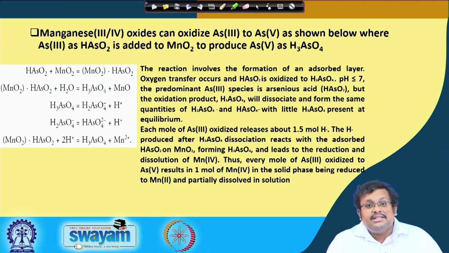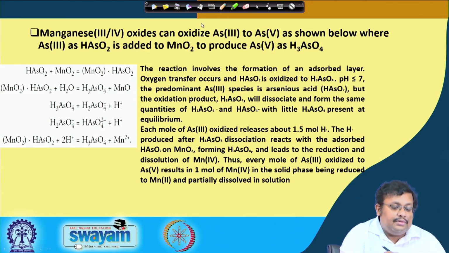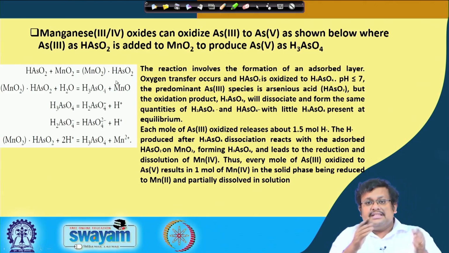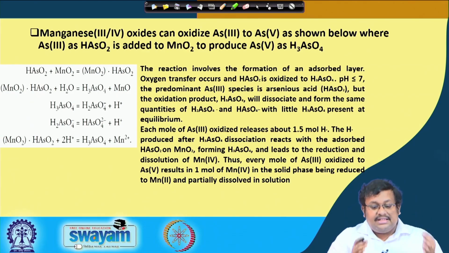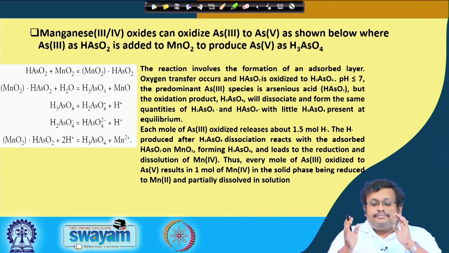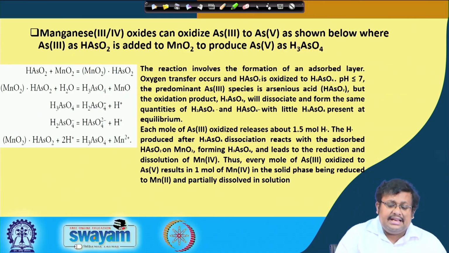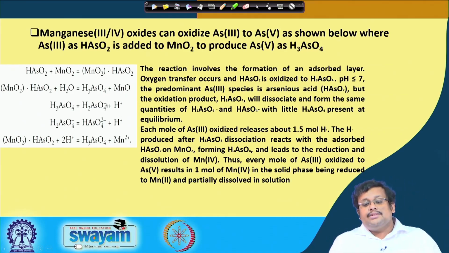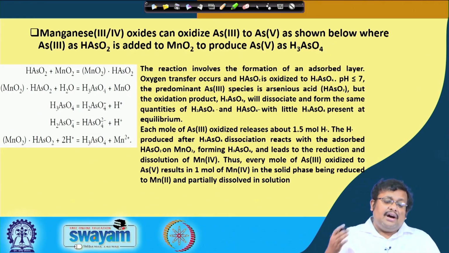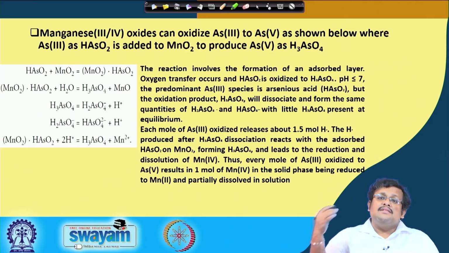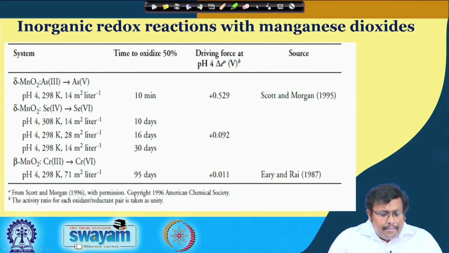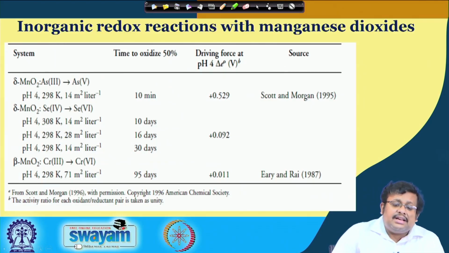Oxygen transfer occurs in this adsorbed layer, and you can see HAsO2 is oxidized to H3AsO4, and ultimately arsenite is converted to arsenate. So, these inorganic redox reactions with manganese dioxides are given here.